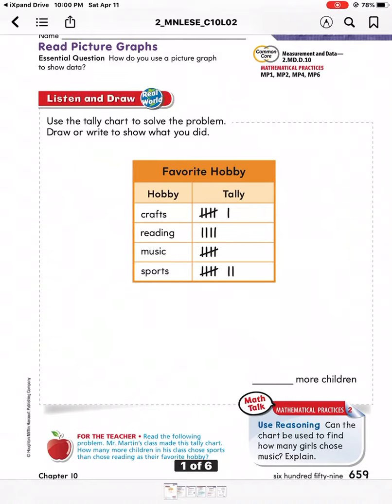So graphs and charts are so important, and actually there is a science called statistics. In this science, they use certain number sentences, or they say it's a formula or an equation, where they can show us certain information in graphs and charts.